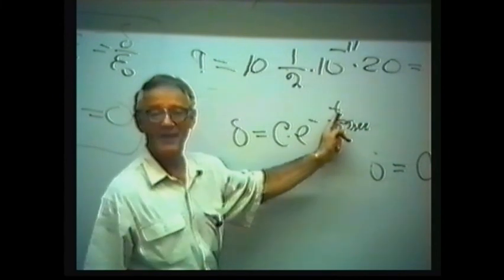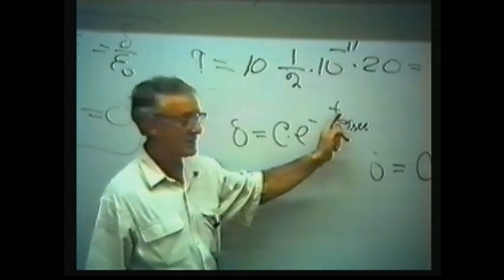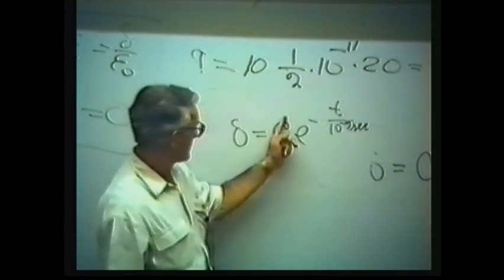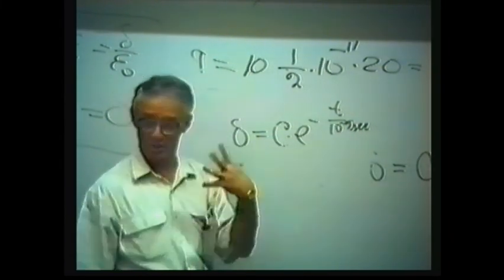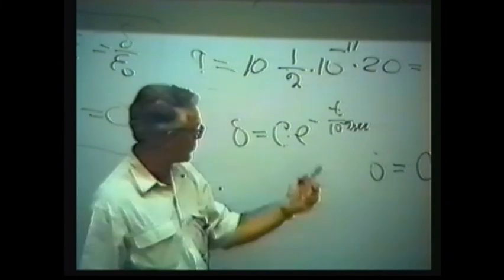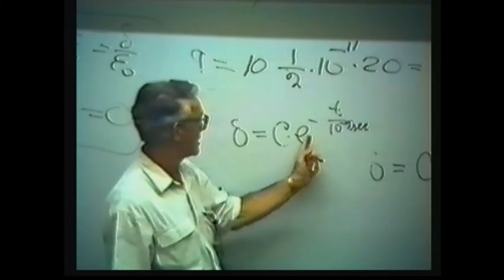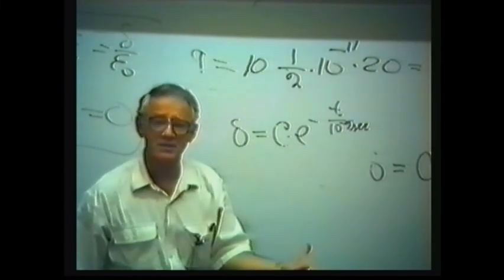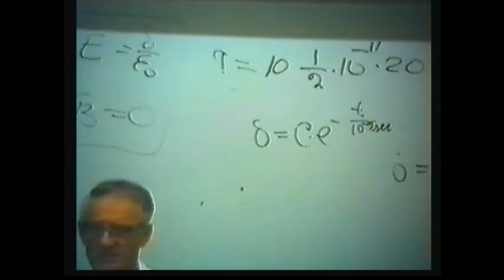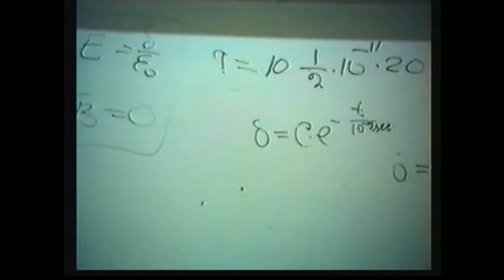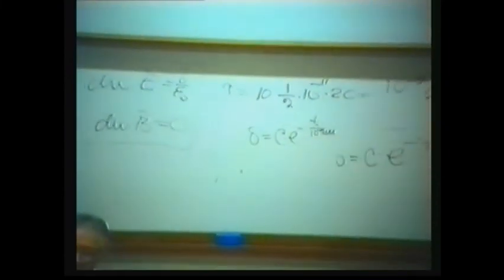If you take 1 nanosecond, then what happens? The physical meaning of this quantity is the initial charge at time equal 0. So if you take 1 nanosecond, by how many times will the charge decrease approximately? About 3 times.